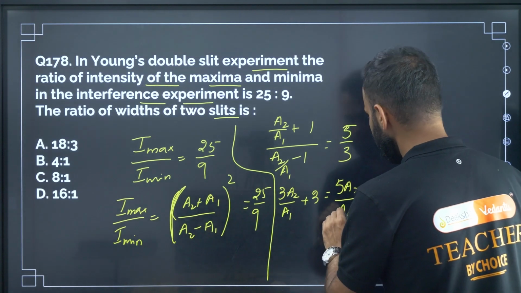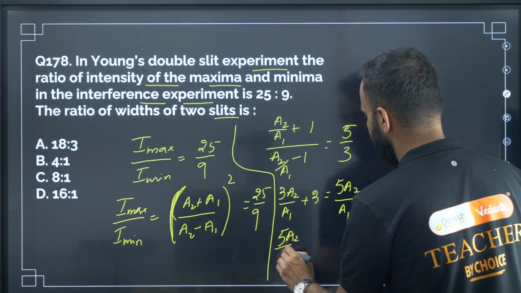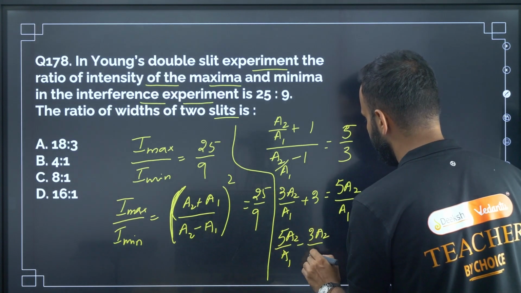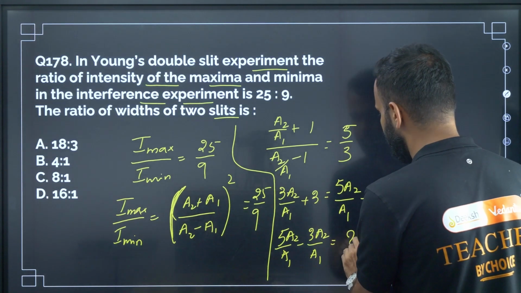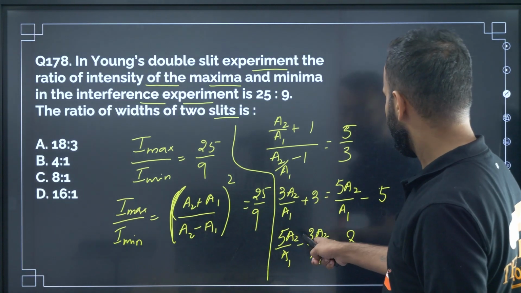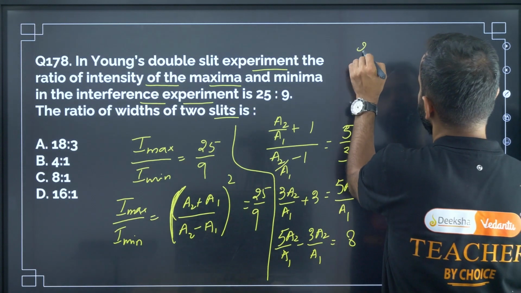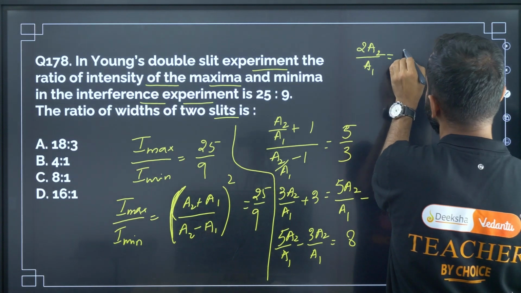Now 5A2 by A1 minus 3A2 by A1 is equal to 5 plus 3, which is 8. This is equal to 2A2 by A1. So 2A2 divided by A1 is equal to 8.